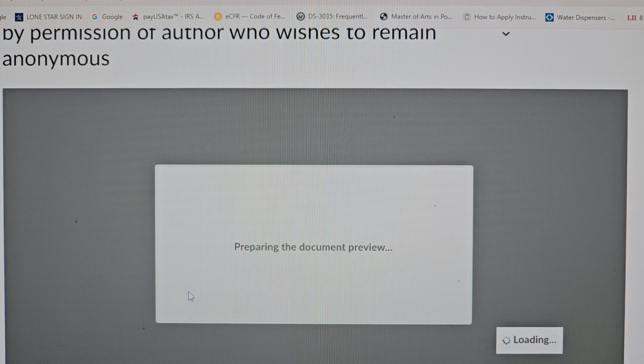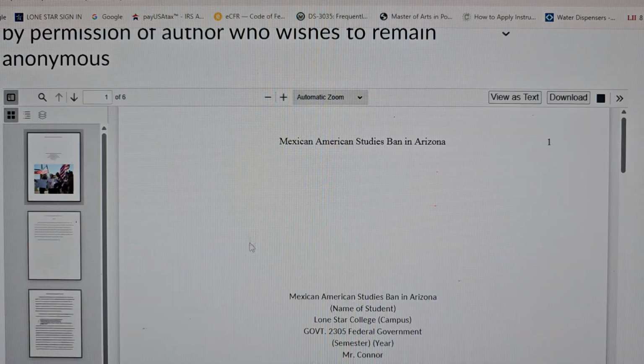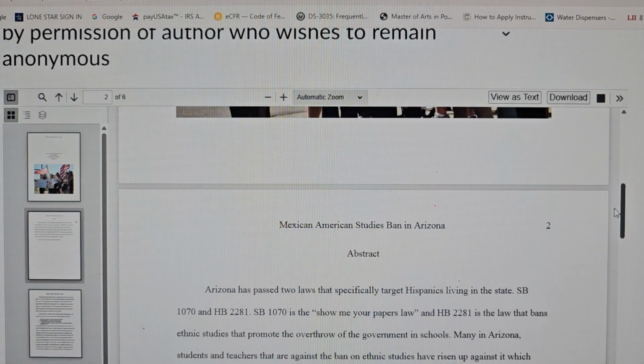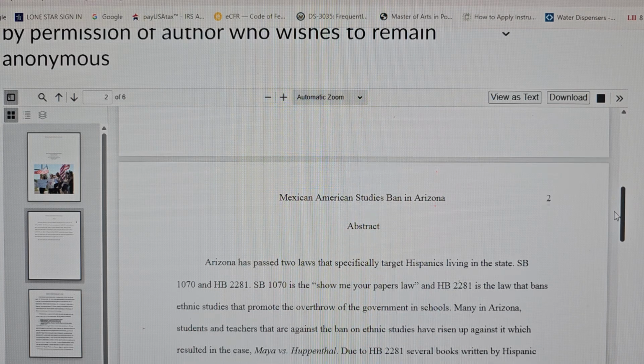Okay, and you can do it on any federal topic. You can do it on a Supreme Court case. You can do it on a federal official, either a current one like, say, Donald Trump or Joe Biden or whoever, or you can do a historical figure like Stephen F. Austin or Sam Houston.